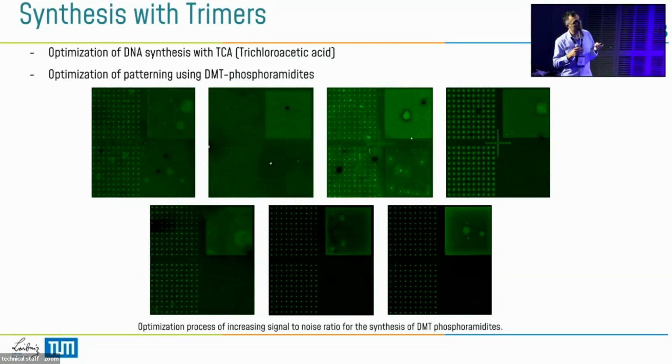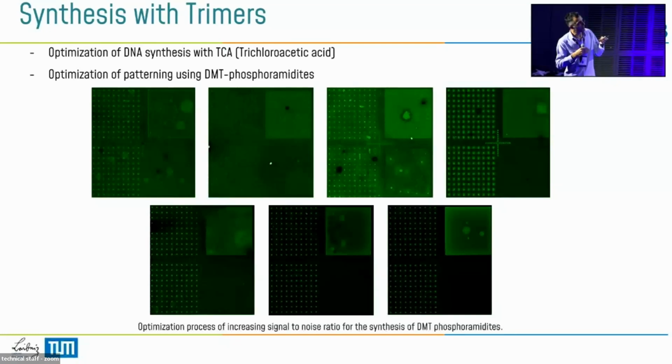So at first, I had to do some test synthesis and optimize the synthesis of phosphoramidite that can be unlocked with UV, and at the same time, the same sequence with the phosphoramidite and trimers that can be unlocked with acid.